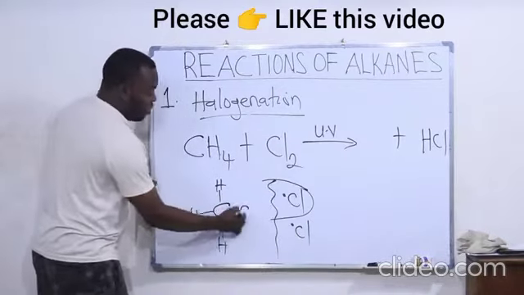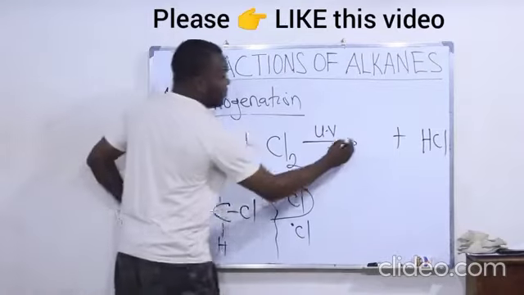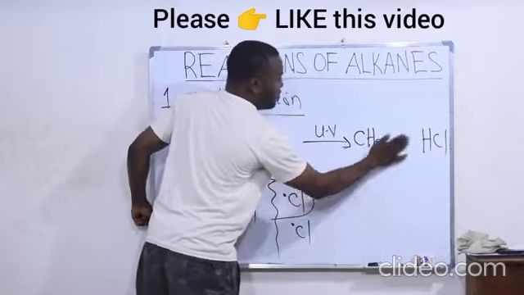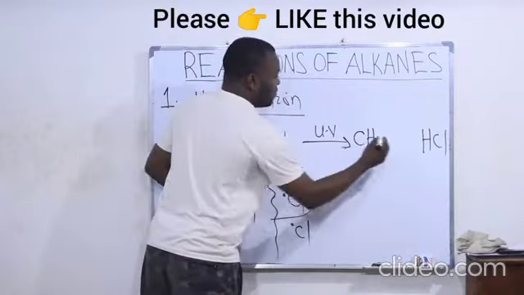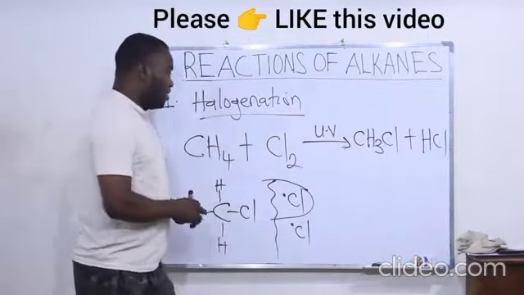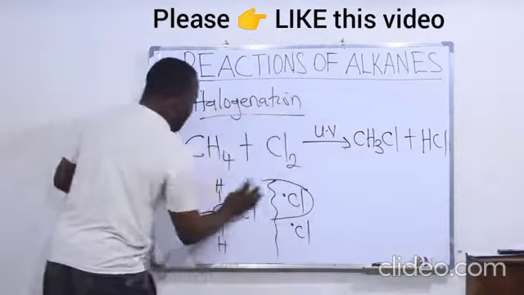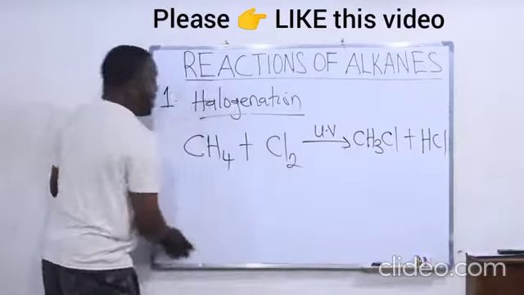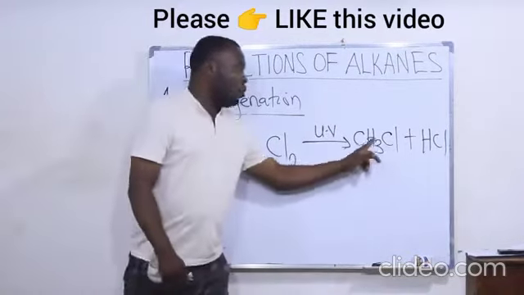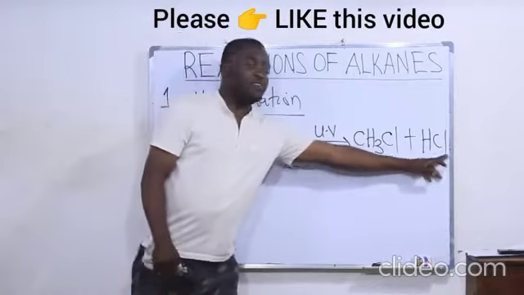In that case, you now have it like this. That is CH3Cl plus HCl. So you can see that the reaction between an alkane and a halogen produces a haloalkane and HCl.